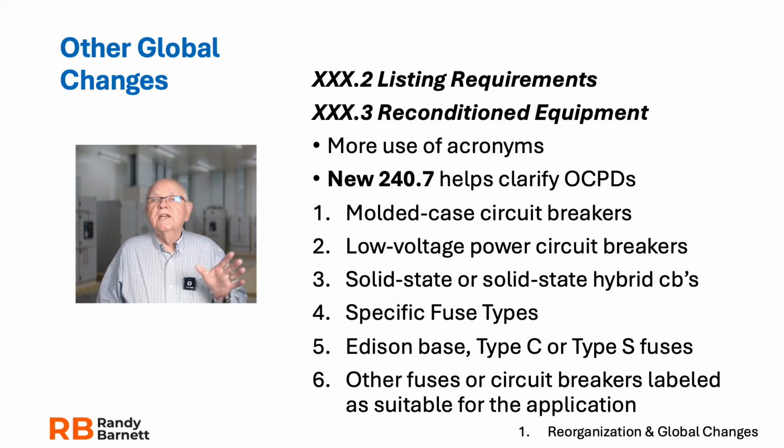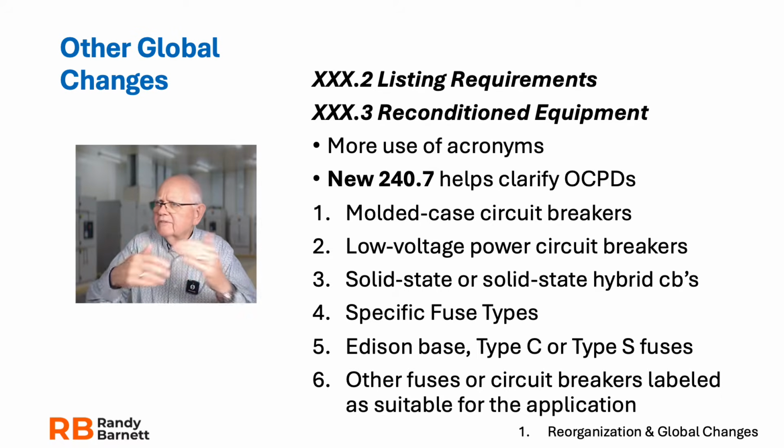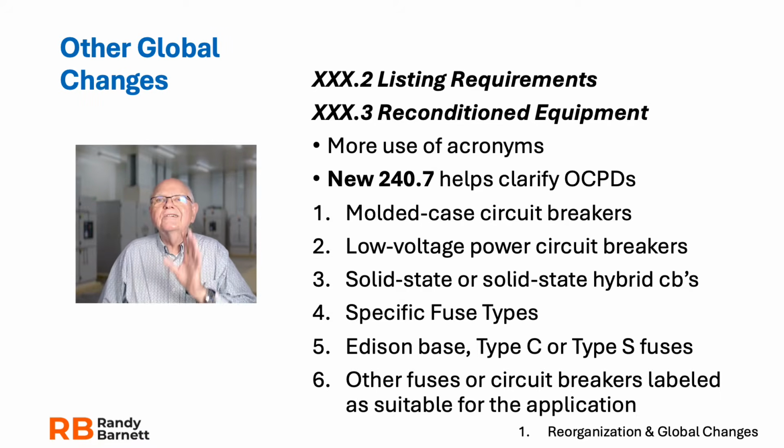Some of the other global changes. The article number .2 would be any listing requirements that apply. And we've seen this, changes from definitions moved to Article 100 in previous code editions. But now, the article number .2 is any listing requirements that apply, and .3 is on reconditioned equipment.